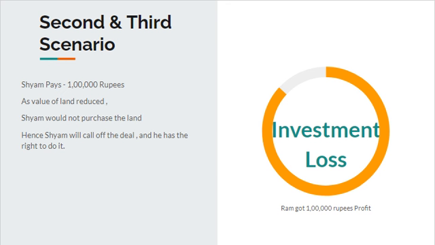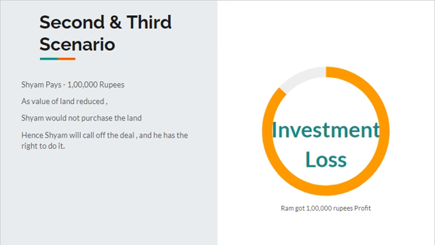Why? Because the buyer has paid the upfront fees. So when will the buyer be in a no profit no loss situation? When the cost of the land is 6 lakh rupees in the market. Here again the seller has the upper hand and got a profit of 1 lakh rupees.